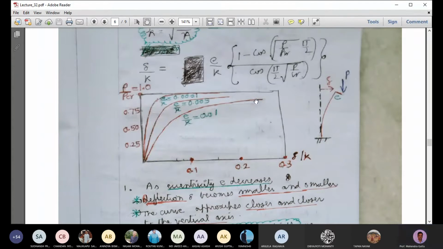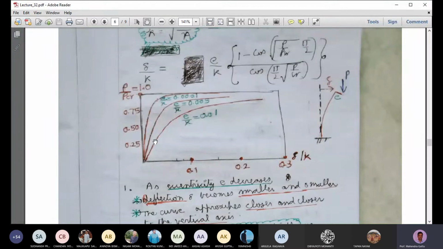And if you reduce the eccentricity of the loading, then the initial deflections are reduced. The slope is increased, that means the deflection is reduced. For the same load, the deflection is less.